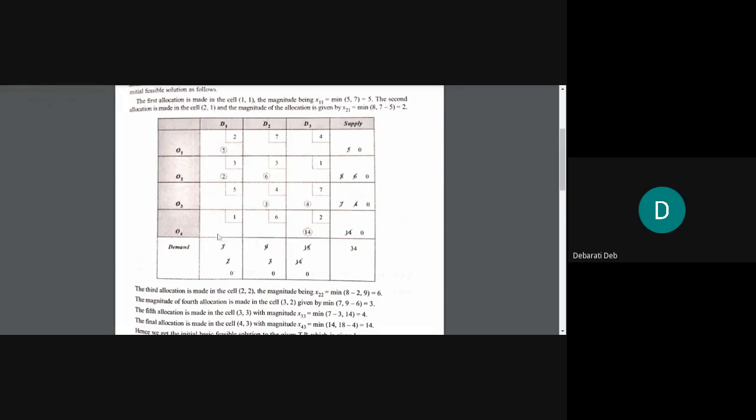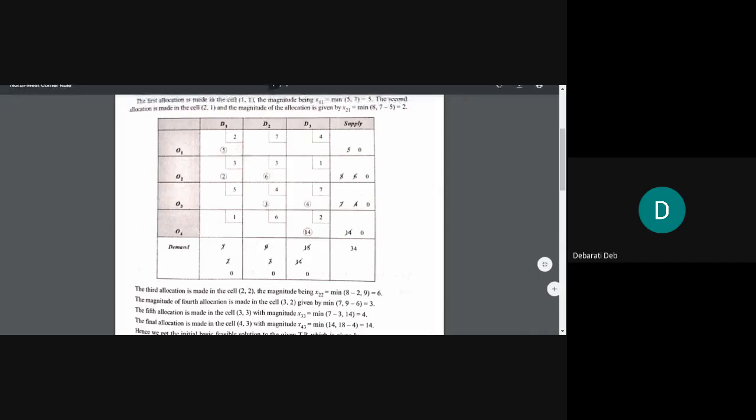So if this B is more than this A, that means if the column total is more than the row total in that particular box for which you are doing the allocation, then you should move downward from that box. That means now you will come to this second box, the O2D1 box.